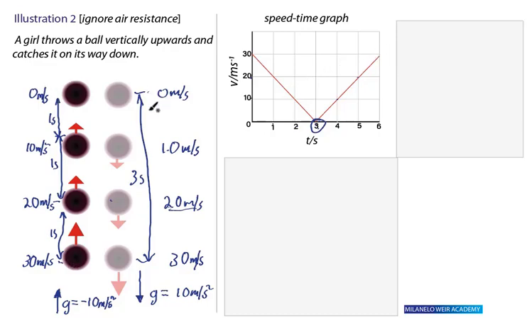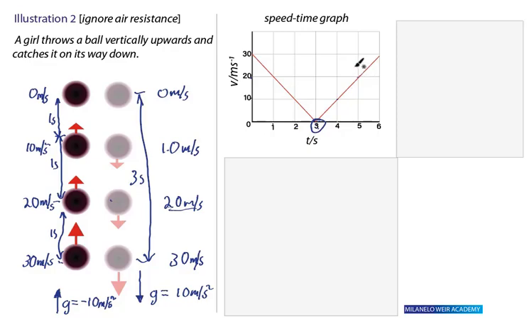This is 3 plus 3, making 6 seconds. And notice one thing: from this we cannot tell whether the object has changed direction or not. We might think maybe it was just reducing its speed, then coming to rest, then starting again, moving in the same direction. The speed-time graph does not tell us the direction.